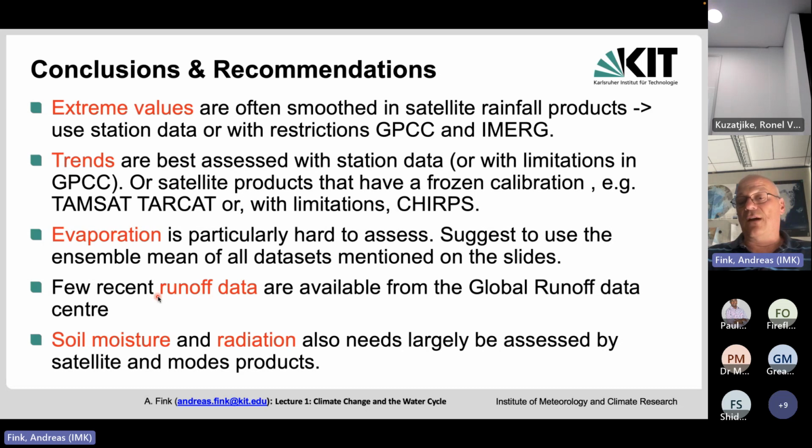And I would suggest, from the sources that I showed you, that you use the ensemble mean of all datasets or ERA5. We have few recent runoff data. And I didn't show it, but for soil moisture and radiation, you need to consult satellite data. Very rarely is radiation measured. I mentioned TAMO, but TAMO is only available since 2015.